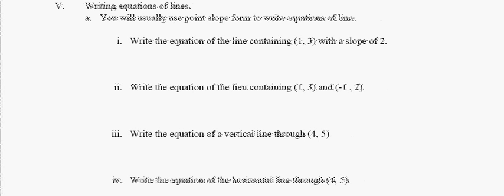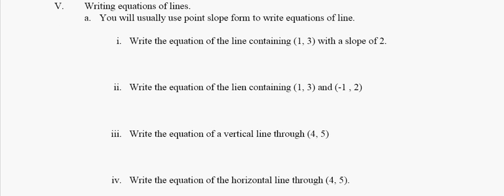Writing equations of lines. Remember what I said, that point slope form is probably your best friend when writing equations of lines. So let's make sure that we know what the point slope form of a line is.